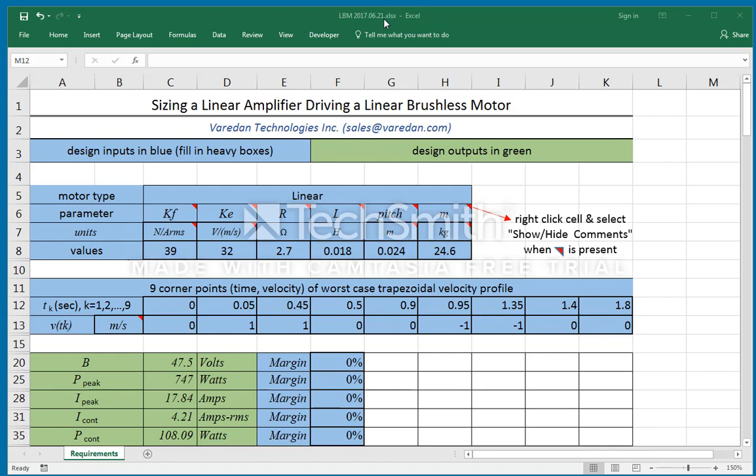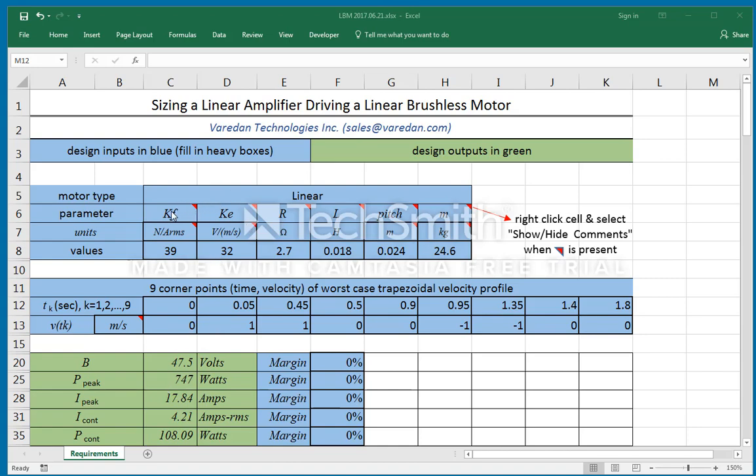The spreadsheet is color-coded. Blue indicates design inputs that must be supplied by the user. We fill in the blue cells enclosed in heavy boxes, for example, this heavy box right here. The green indicates outputs, which are the amplifier requirements. So these are the quantities that the spreadsheet computes. First, we enter the motor parameters.